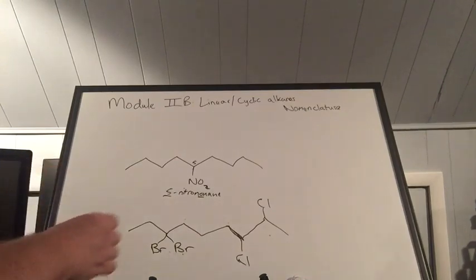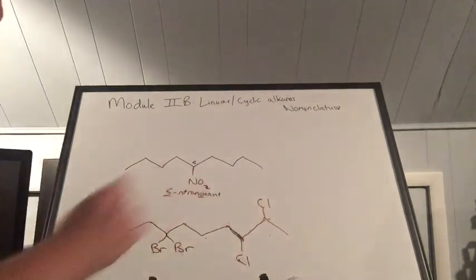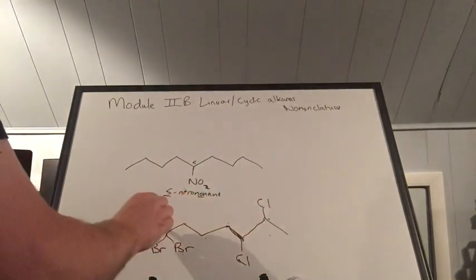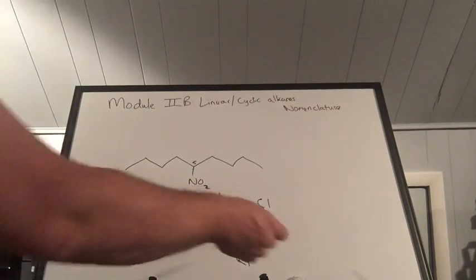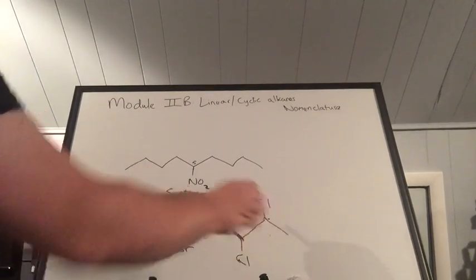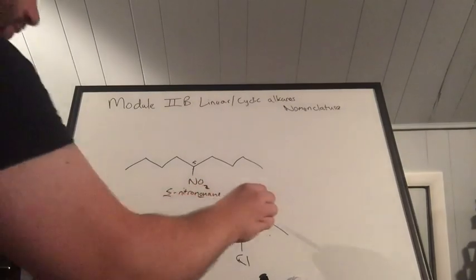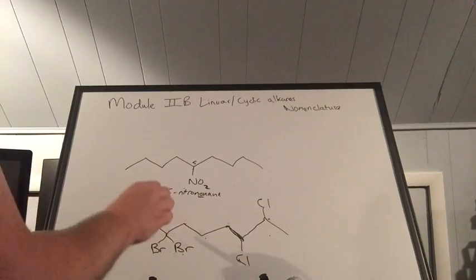hydrocarbon construct. So if we have 1, 2, 3, 4, 5, 6, 7, 8, 9 versus 1, 2, 3, 4, 5, 6, 7, 8, 9, the lowest locator number count that we could do is going from right to left, right? So if we're going the opposite direction, our last one is going to be at 8, whereas this is going to be at 7. So in other words, we could have 2, 3, 7, 7.